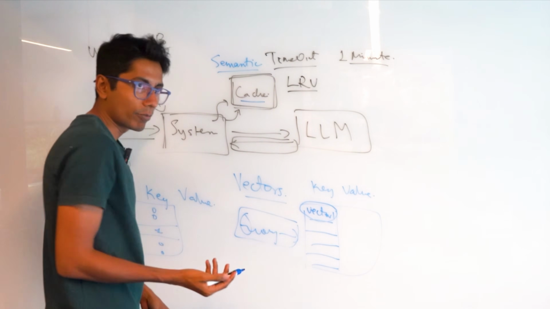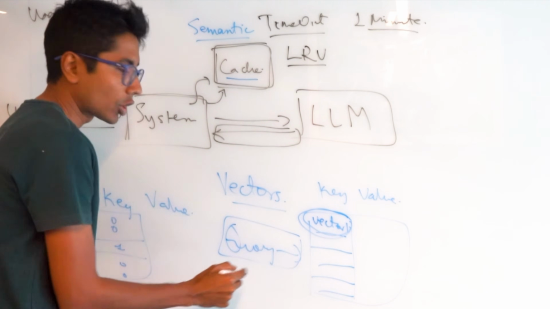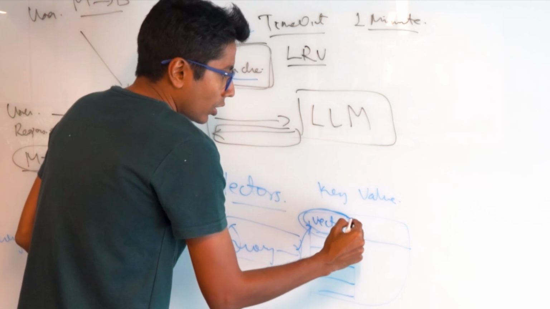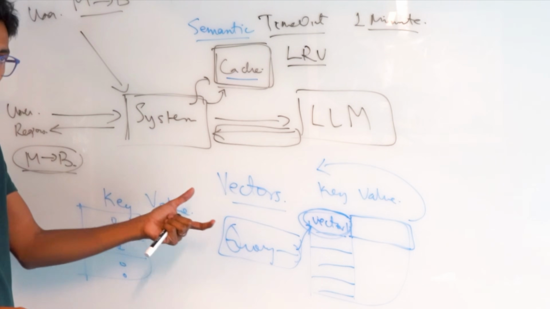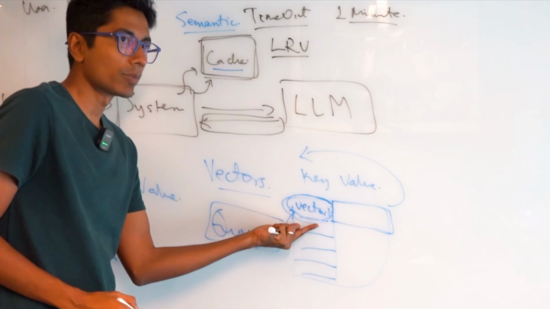It might pick up the top 5, top 2, top 3, but since it's caching, we just take the top 1, the closest one to our incoming query. That value can be picked up to give a response. The problem with this though is that earlier you had an exact match, now you're always going to have an approximate match.